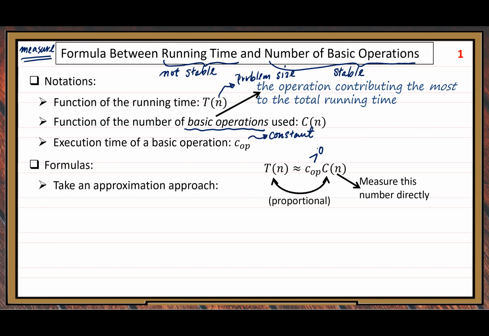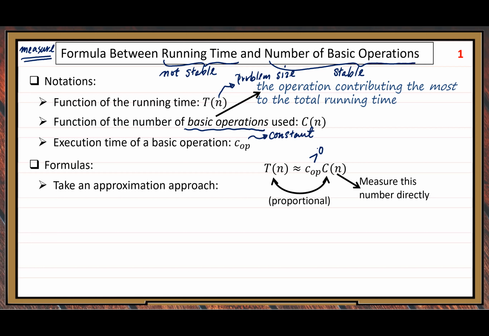Then you can find the value of T of n, but C of n is not like that. When we have the details of our algorithms, we can do the counting already, so we do not need to run our programs. So you can see which one is more convenient.